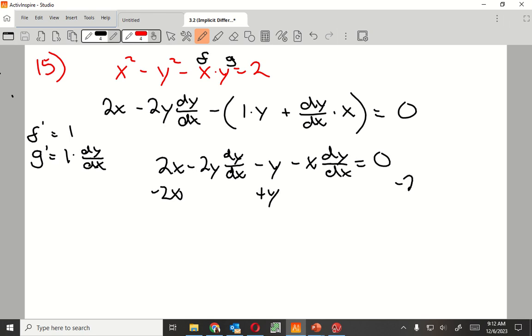So minus 2x, and then plus y. So now I'm going to be left with negative 2y dy dx minus x dy dx equals negative 2x plus y.